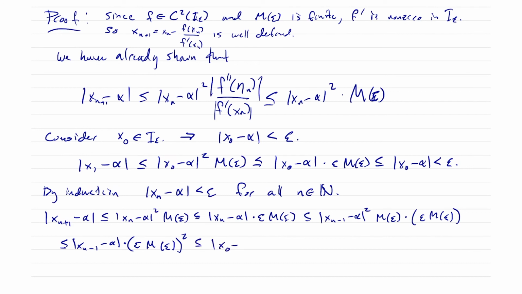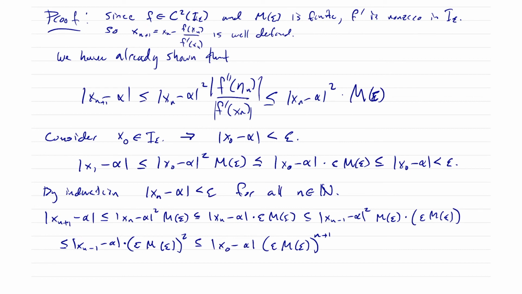So it goes down to x naught minus alpha times epsilon to the m epsilon, and now we need to figure out how many to put in there. I believe this is n plus 1. So we go down by n plus 1, and we gain n plus 1 power.